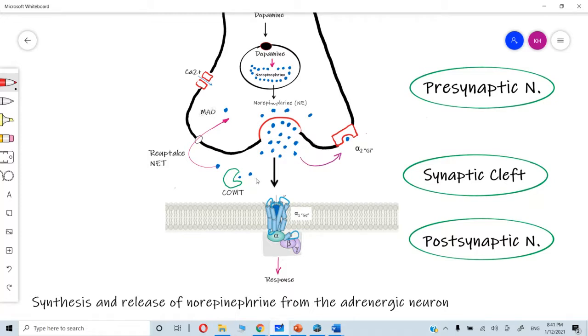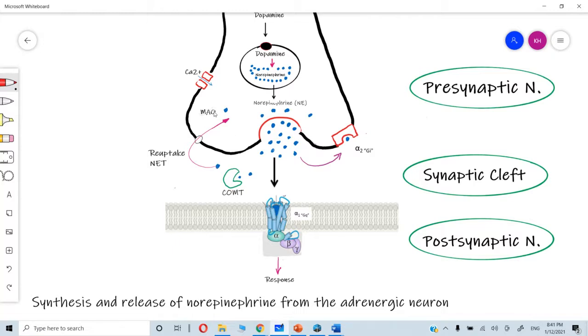The fourth pathway is for norepinephrine to be metabolized by the enzymes COMT or MAO. COMT stands for catechol-O-methyltransferase, and MAO for monoamine oxidase. To remember these enzymes and other agents, note that we have -ase as a suffix.